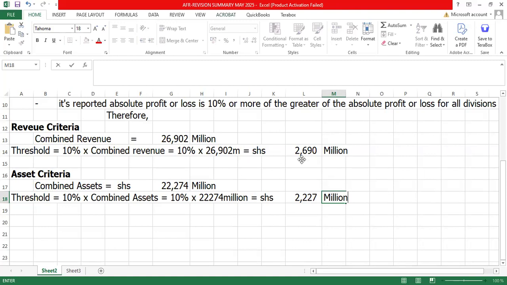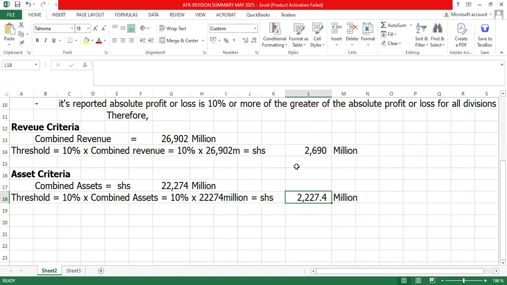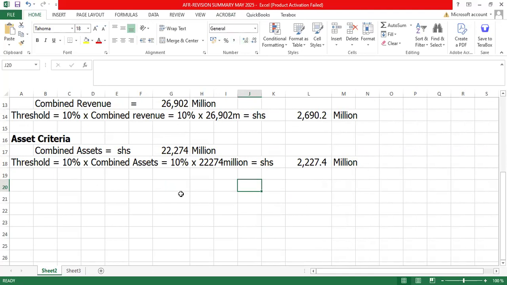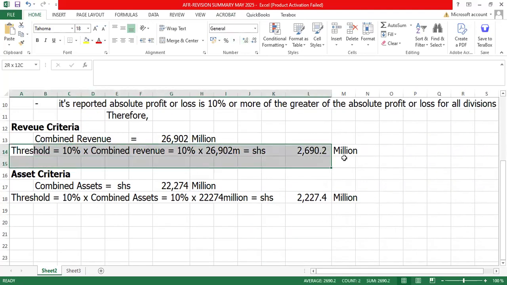But it's good to avoid rounding off. Colleagues, when you're handling these numbers, it's good to avoid rounding off, especially when it comes to the threshold.